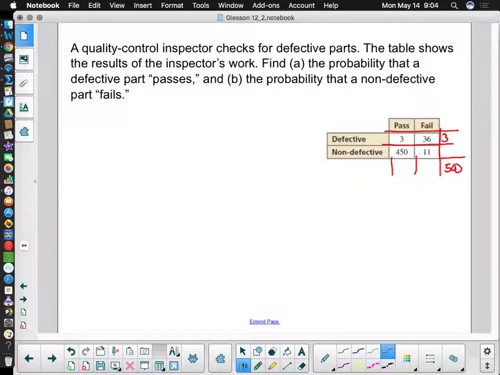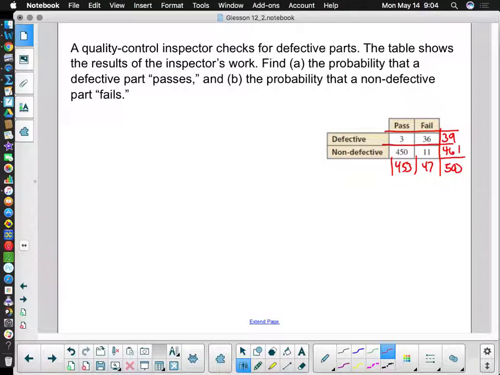Okay, so it's 39 defective out of 500. I have 461 non-defective parts out of 500. I have 453 that pass inspection and 47 that fail inspection.